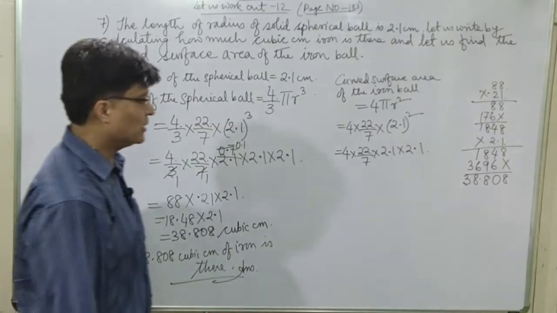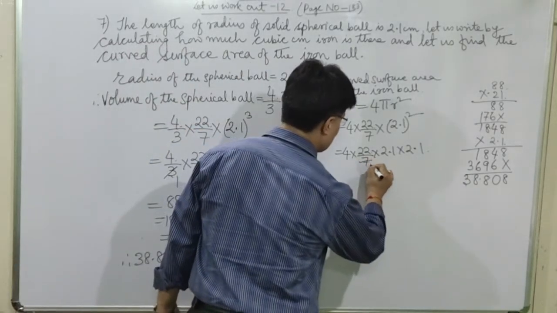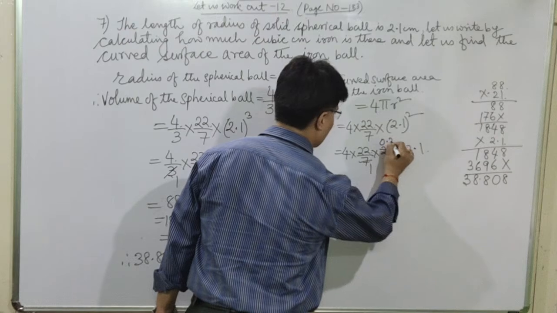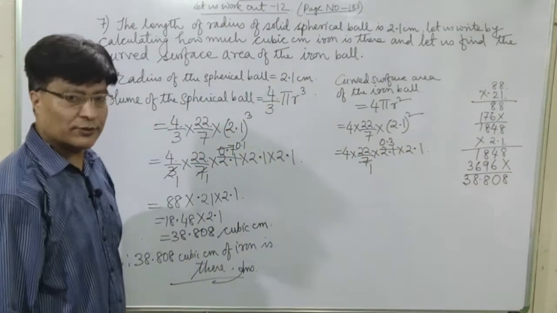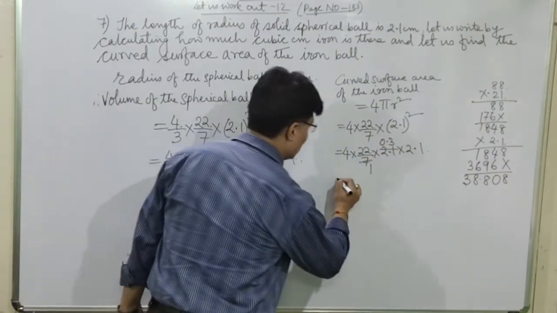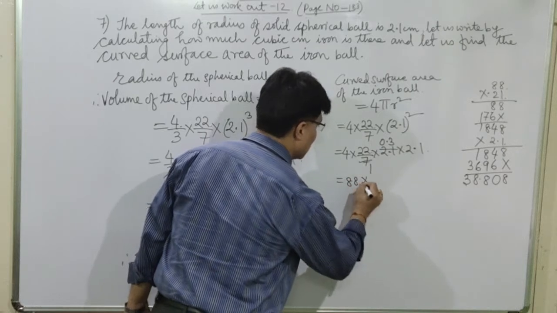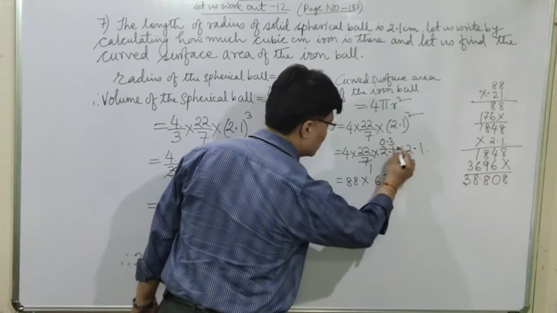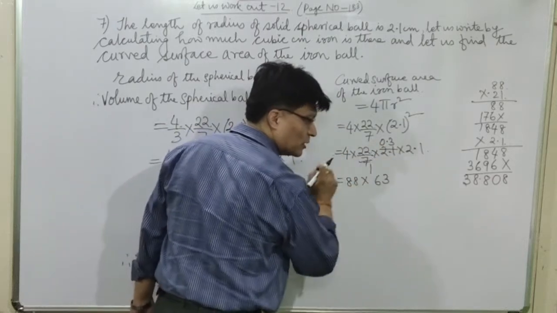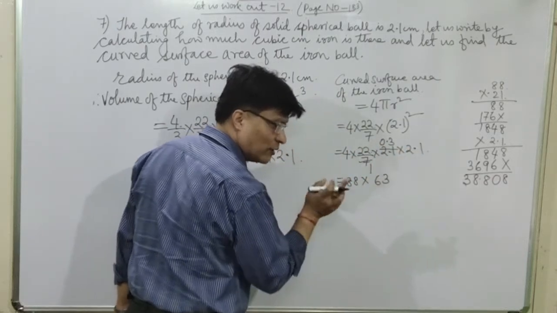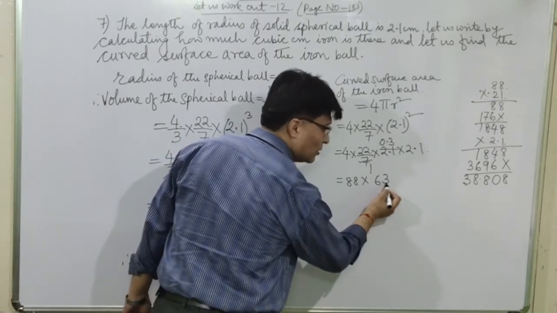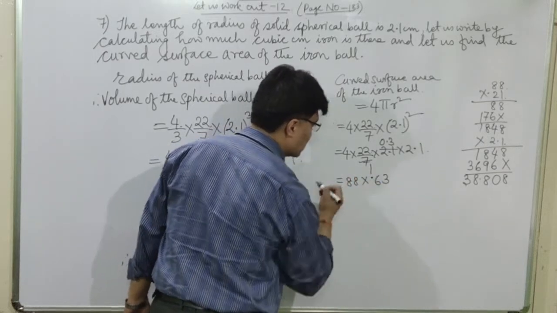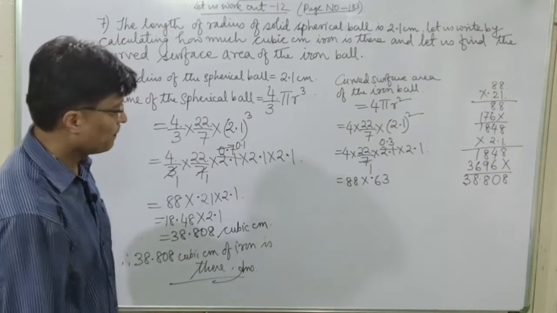Okay, so let us simplify it. 7 1s are 7, 0.3. 7 3s are 21, right? So now 22 into 4 is 88, and 0.3 into 2.1 will be 0.63. 3 1s are 3, 3 2s are 6. After decimal point there is one figure here, also one figure, 1 plus 1 is 2, so you have to write the decimal point before two figures, that is 0.63.